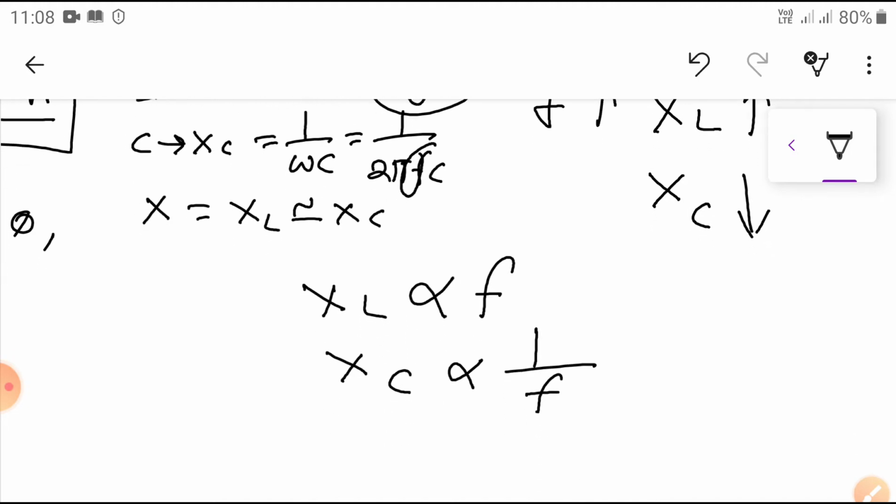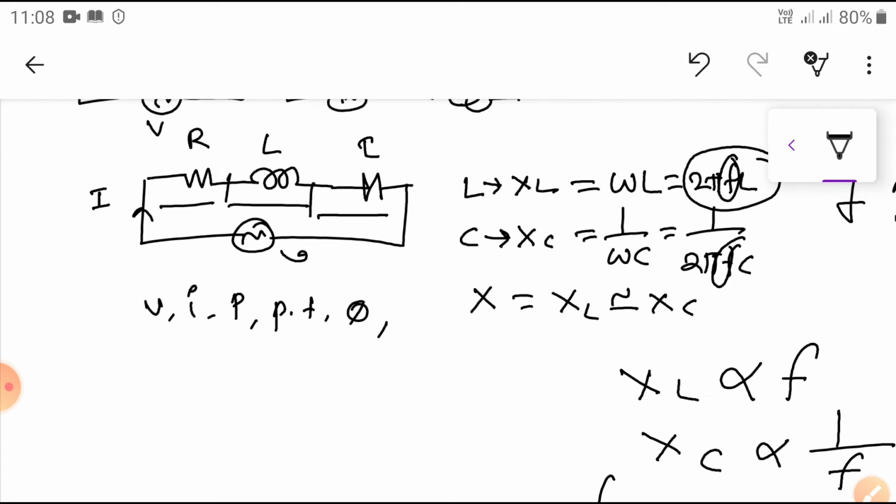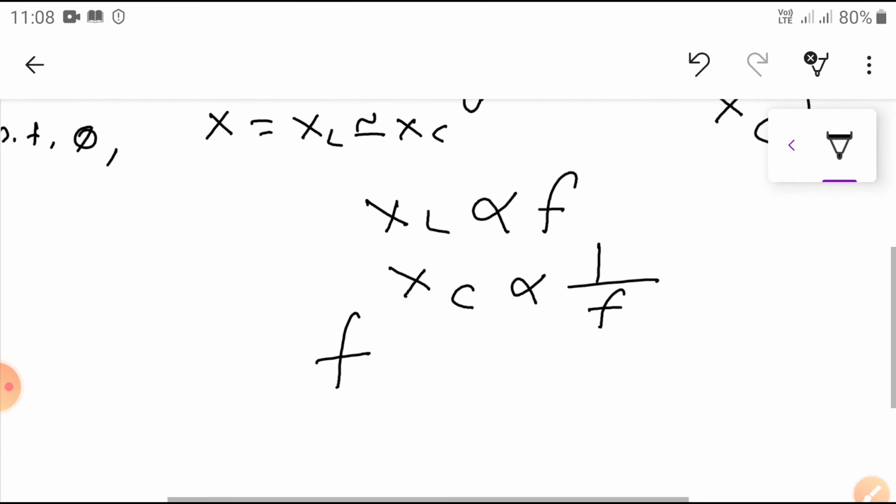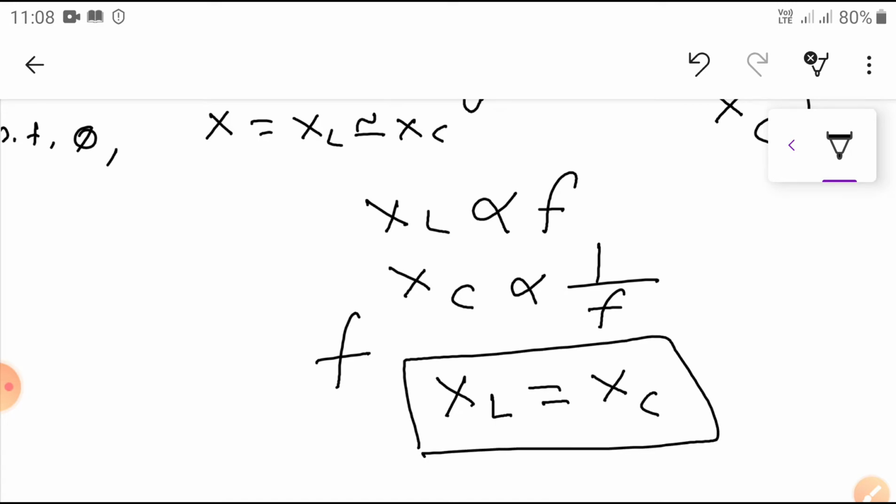Now what will happen if I change my frequency at the input side, to where the XL value is equal to XC? At one stage we will get equal values. At that condition what will happen?